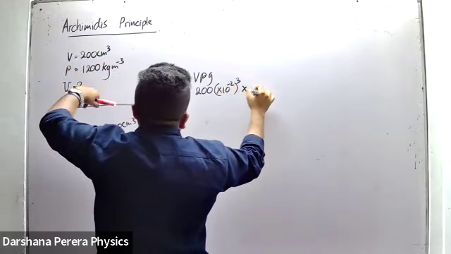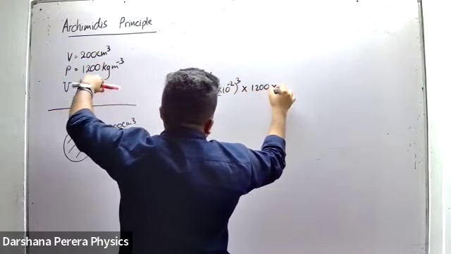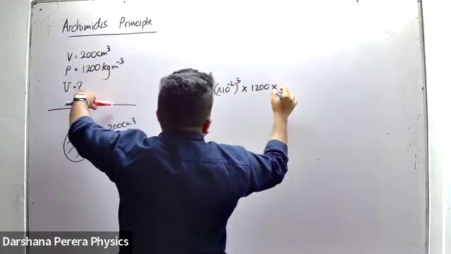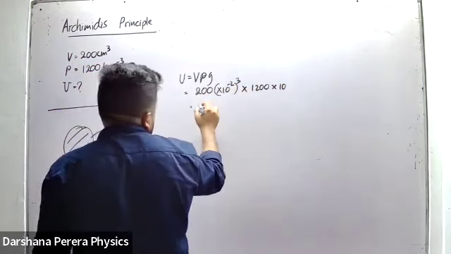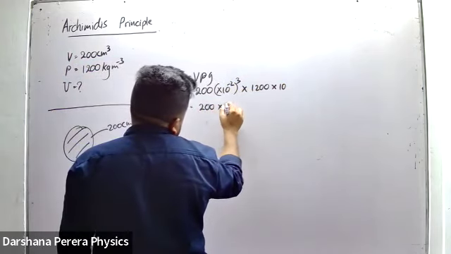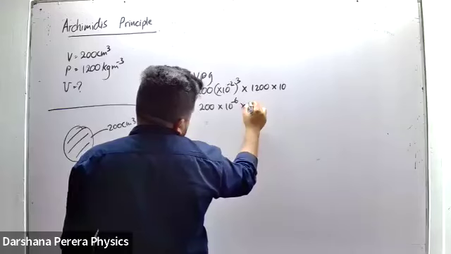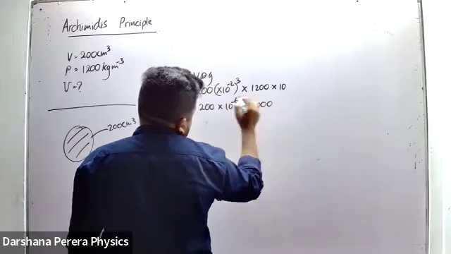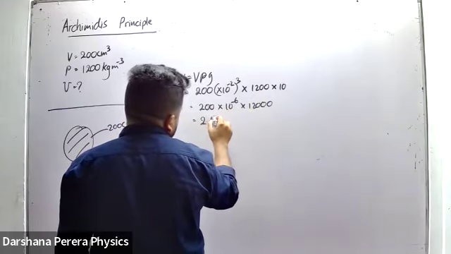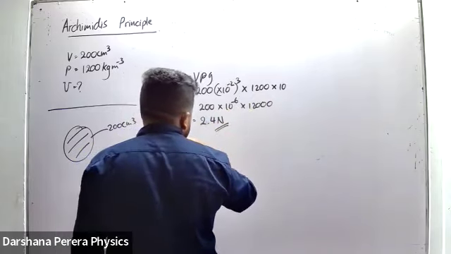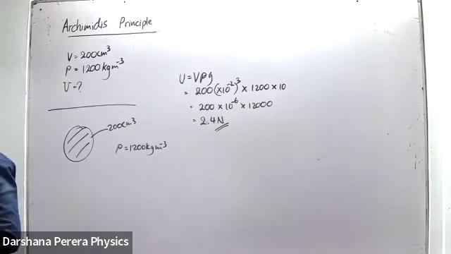So the rho equals 1200. Then g equals 10. So 200 into 10 to the power minus 6 into 1200 into 10, right, 10 to the power minus 6 getting cancel out. Therefore 2.4 Newton. Okay, this is the answer.